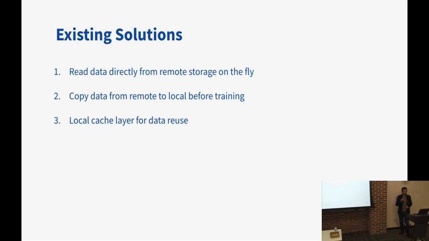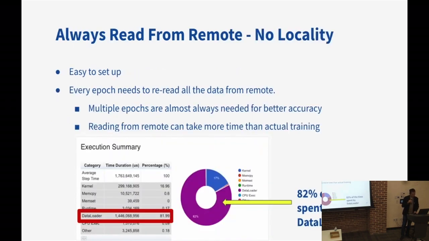And the third one is we push a caching layer in the middle for data reuse, which means you don't need to handle the data copy. You access the data from the cache. If it's there, we use the data in the cache. If it's not there, we ask the cache to load the data from remote.